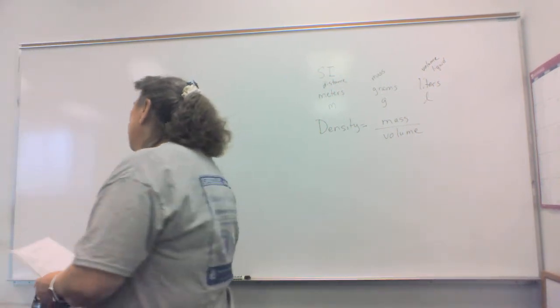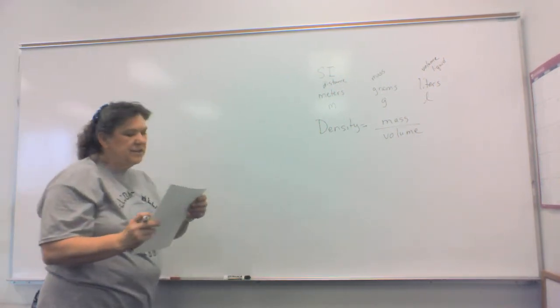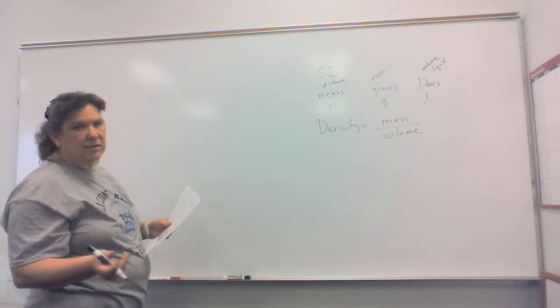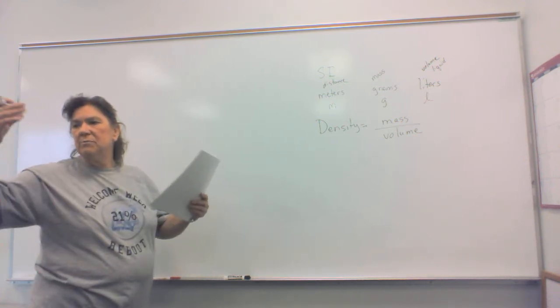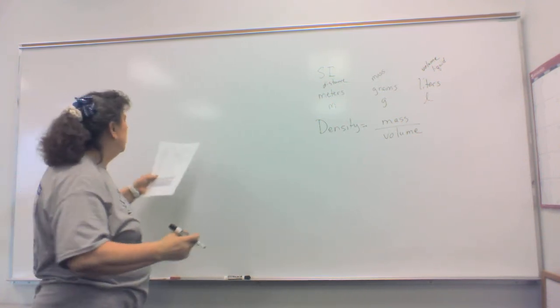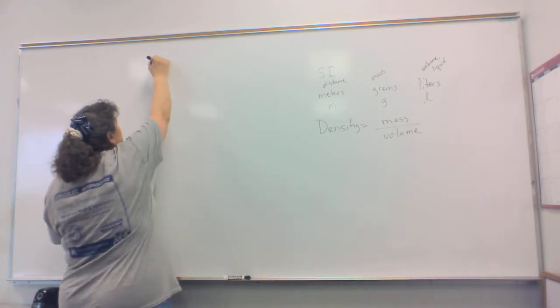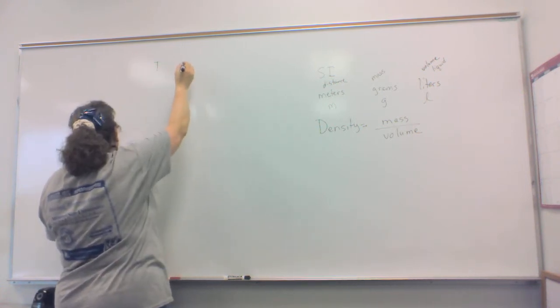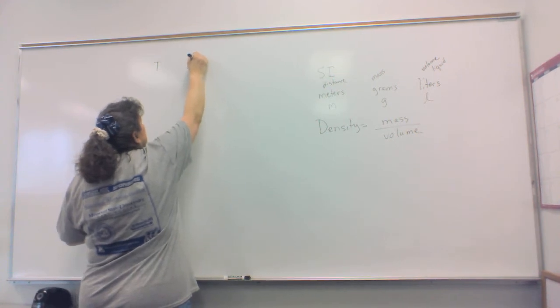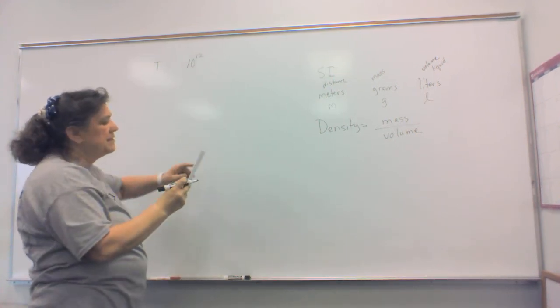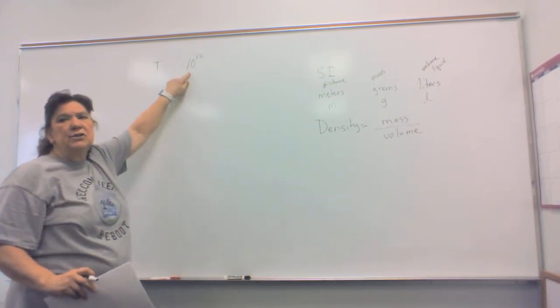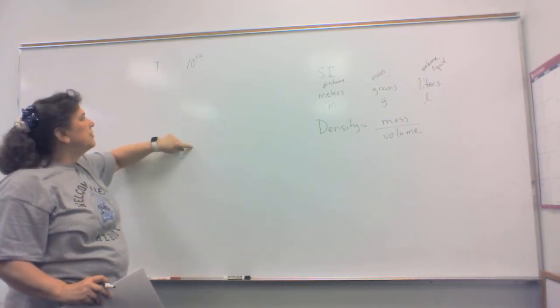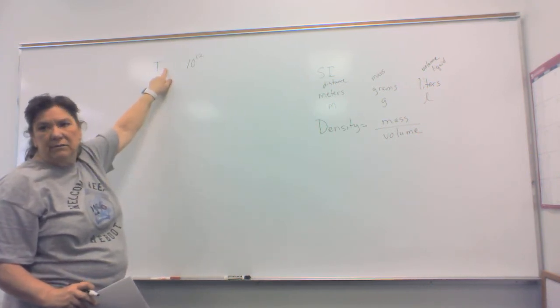I'm going to use this one. So what's going to happen is if we start at the top, it's your biggest amount. In other words, it's like kilometers or miles or something like that. So your T for tera is 10 to the 12th. In other words, 10 to the 12th meters is equal to 1 terameter.